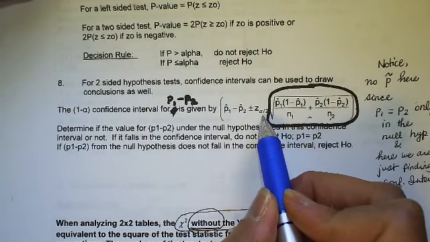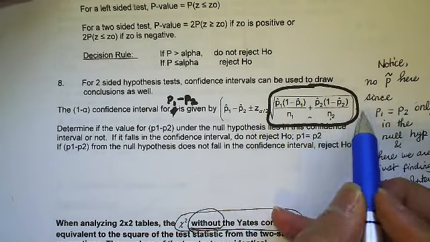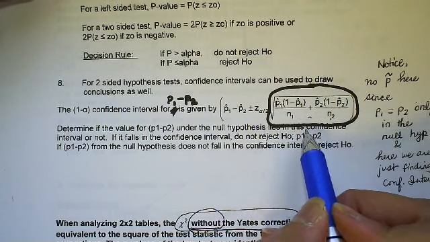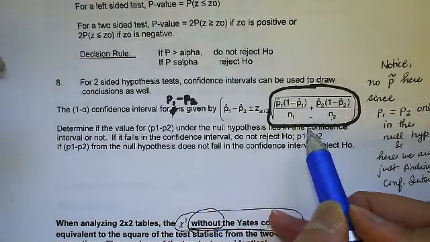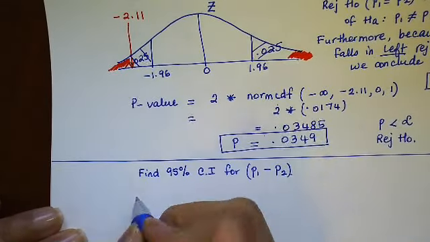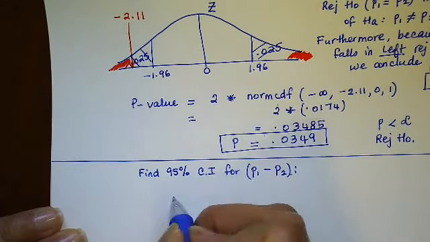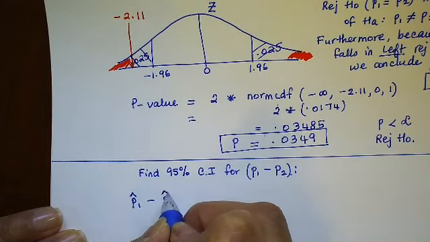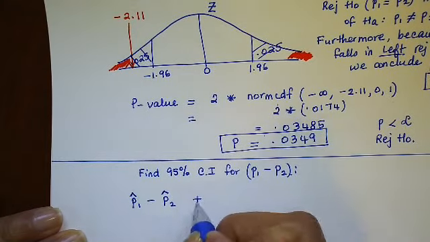It says a 1 minus alpha confidence interval for P1 minus P2 is given by P1 hat minus P2 hat, that's the difference in sample proportions, plus or minus Z alpha over 2 times the standard deviation of P1 hat minus P2 hat.